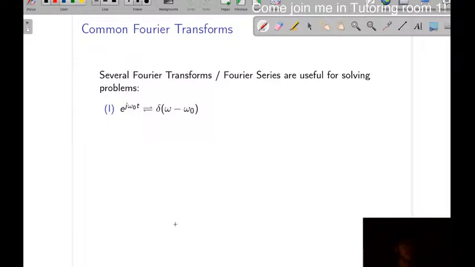So a few of the common Fourier transforms and Fourier series that are going to be useful when you're solving problems, just as identities, things that you should probably memorize, are the following.